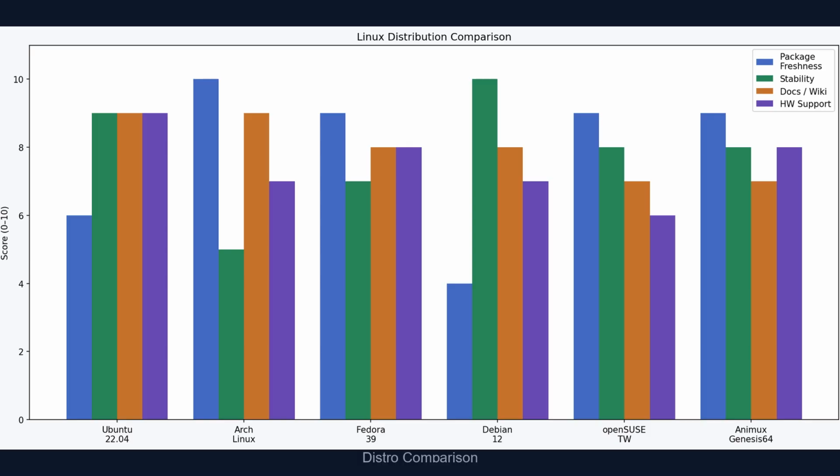Arch and Fedora score higher on package freshness and hardware support, but those advantages are less critical when you're building a specialized live system where you control the package selection entirely. Animux Genesis 64's position on the chart reflects its current state, a distribution under active development, not yet leading in any single category, but built on a foundation that prioritizes the stability and documentation depth that a production build assistant requires.